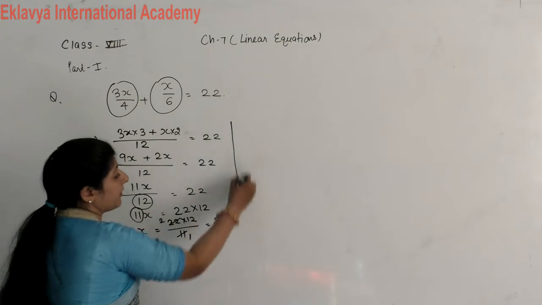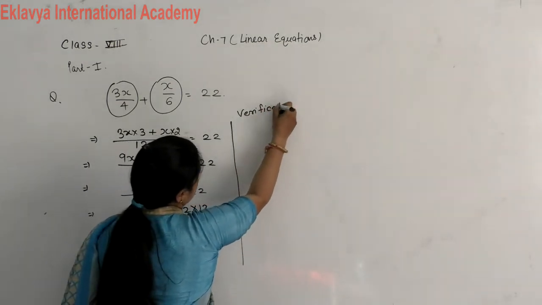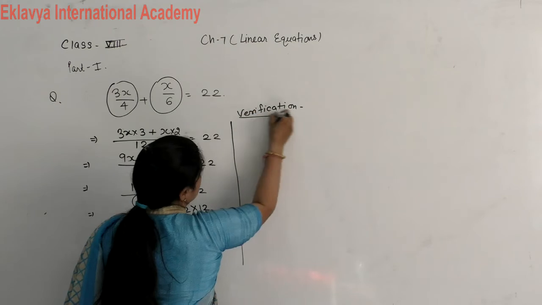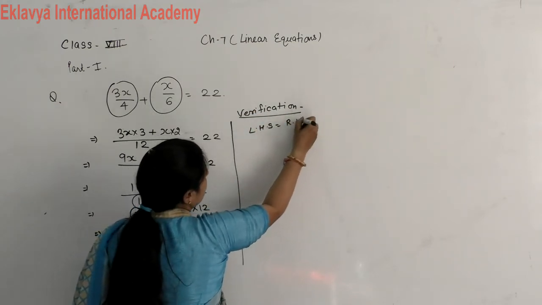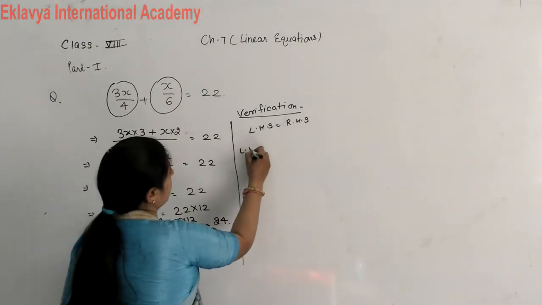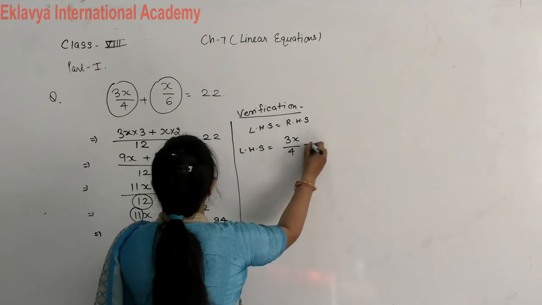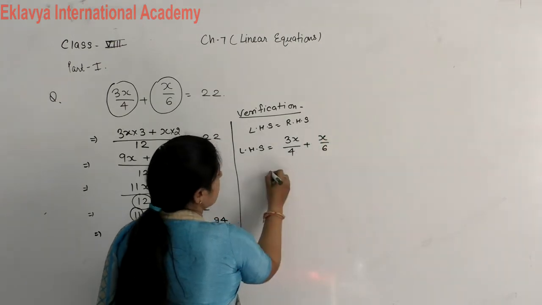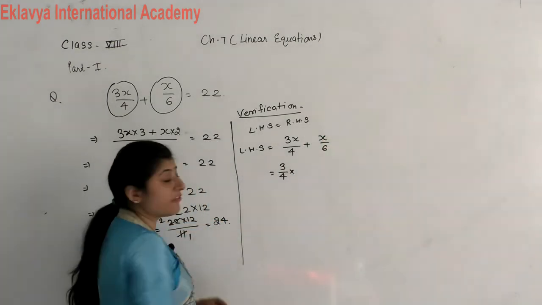You can verify your result also. How to verify? Verification means you have to show that left hand side is equal to right hand side. Firstly take the left hand side. Left hand side is equal to x by 4 plus x by 6. What is the value of x? 24.